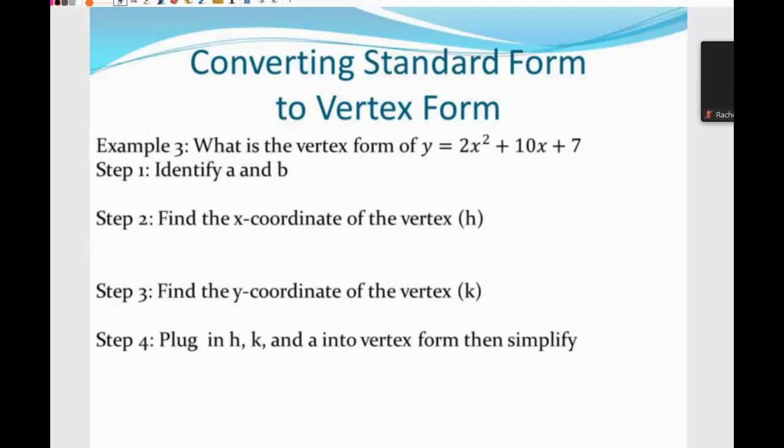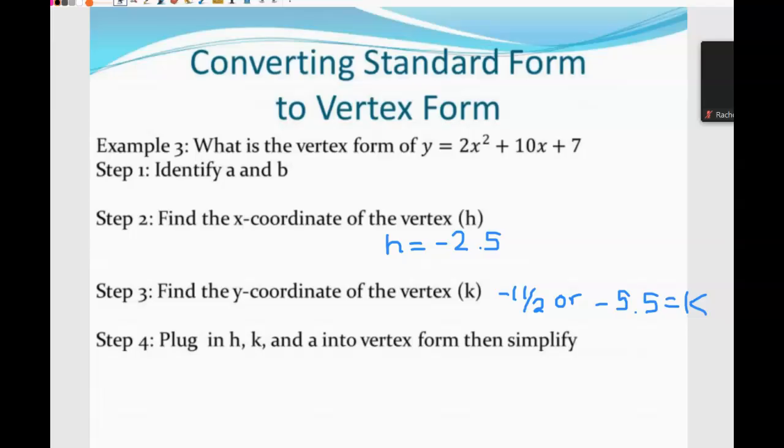So it's either negative 11 halves or negative 5.5. So my h value was negative 2.5. My k value is negative 11 halves or negative 5.5.